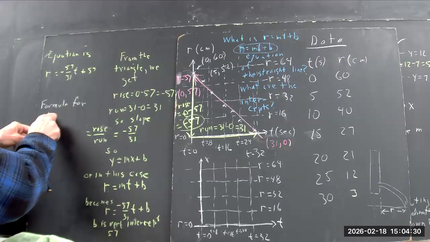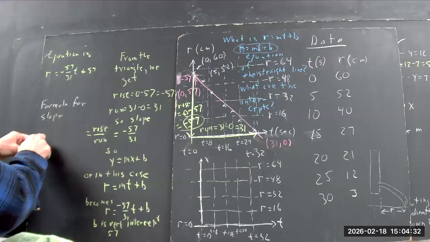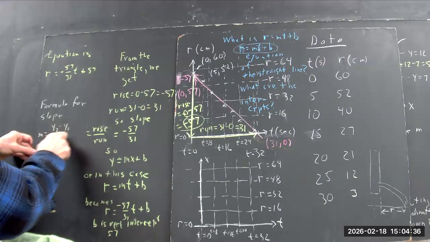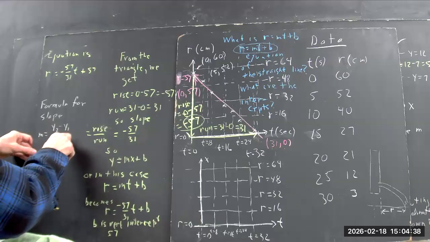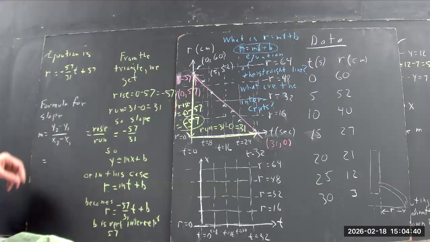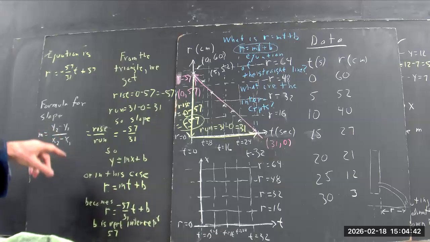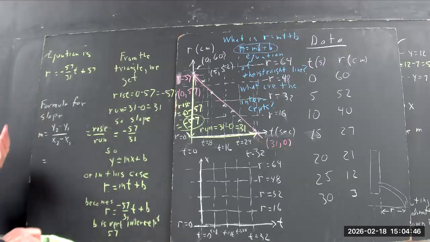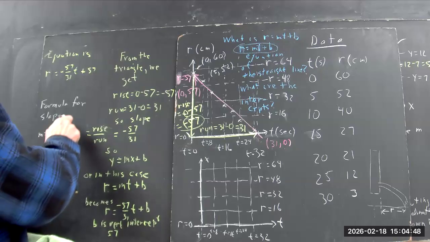So the formula for the slope is m equals y2 minus y1 over x2 minus x1, where x1, y1 and x2, y2 are the points.